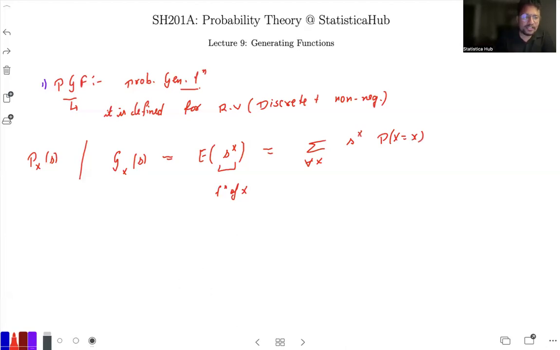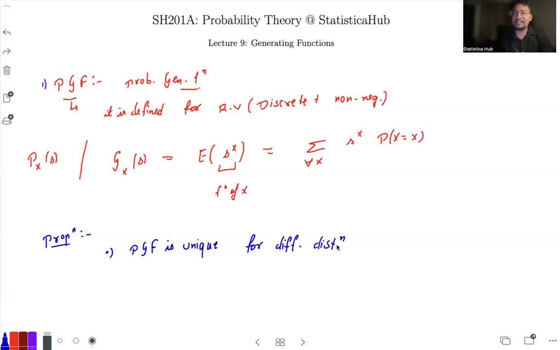Now we have certain properties of the PGF that we have to take into consideration. The first one: the PGF is unique for different distributions. Two distributions won't have the same PGF.